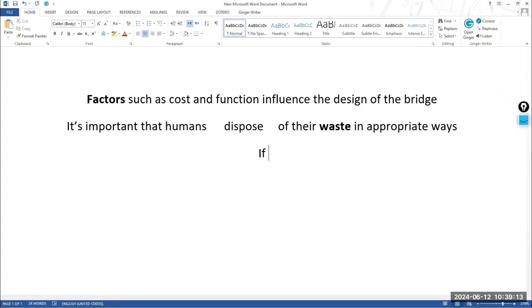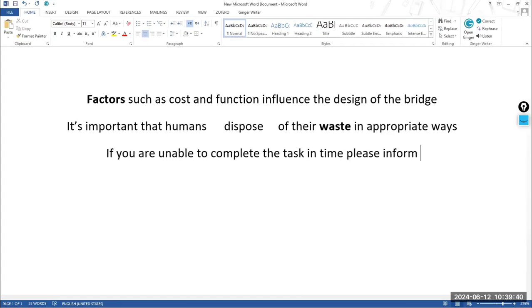If you are unable to complete the task in time, you said, absolutely, we have a please. Please inform me by email. Okay, this is again the meaning of intuition.